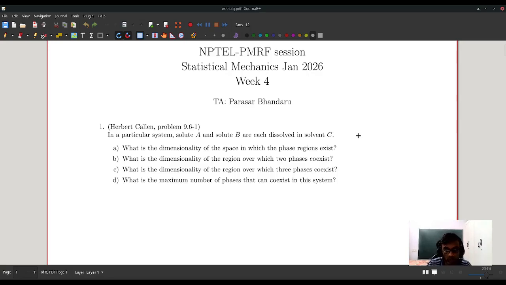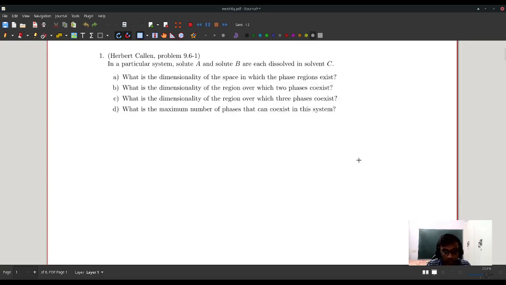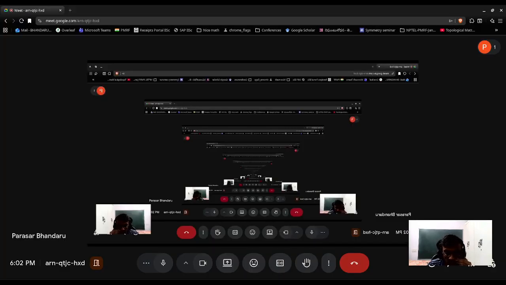For this first problem, we have something related to the Gibbs phase rule, and after that we have a bunch of problems, like I said, on probability distributions. So yeah, let's start the discussion.